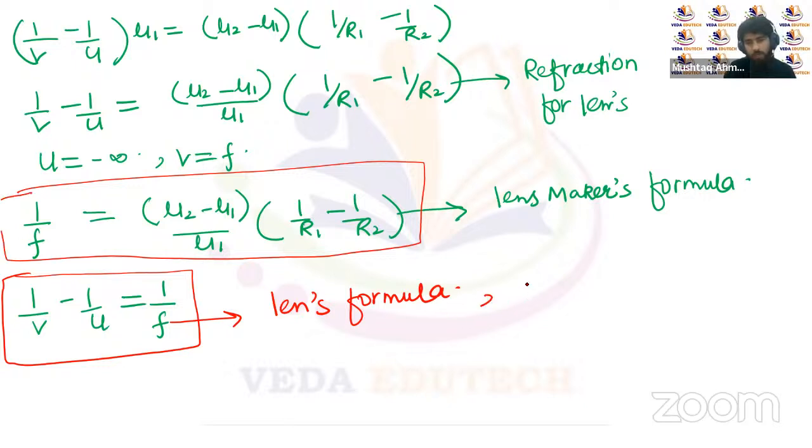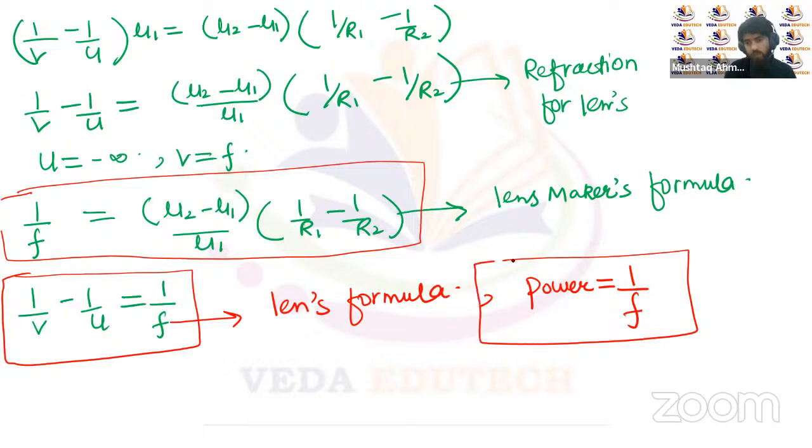The power of a lens is defined as 1 upon the focal length. Once the focal length is calculated using the lens maker's formula, we can calculate the power of a lens. We can write power of a lens P equal to mu2 upon mu1 minus 1 multiplied by 1 upon r1 minus 1 upon r2.